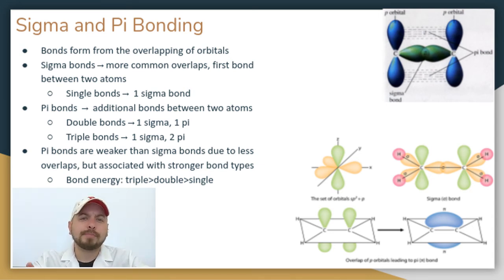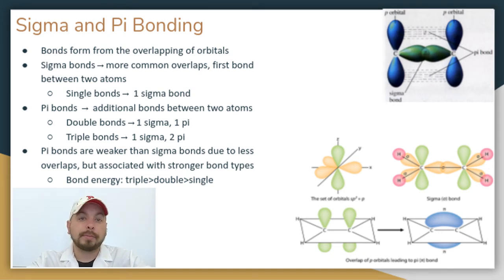So again, each pi bond is going to be relatively weaker than the sigma bond due to the fact that it is going to be less overlapped. However, by additional bonds forming, a triple bond is stronger than a double bond, which is stronger than a single bond. So when we're looking at bond structures, the strength is one element that we need to be aware of for sigma and pi bonding.